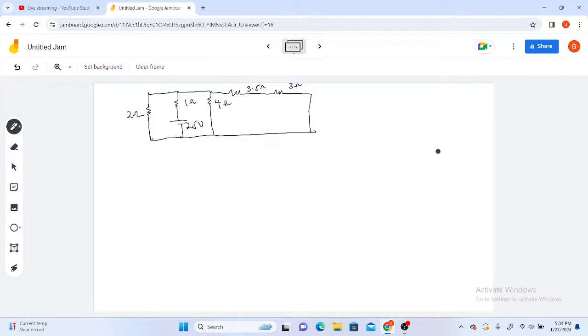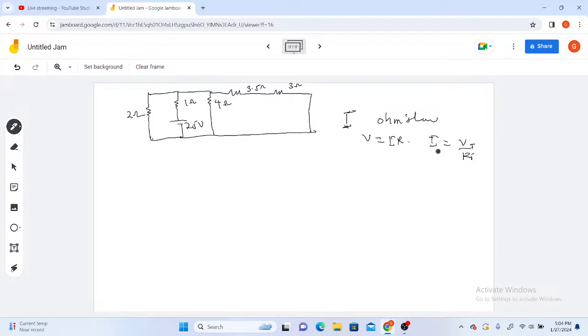Once you have the effective circuit, we move on to the agenda, and the agenda is to find current I in each of the resistors seen in this circuit. To find I, you always know that from Ohm's law, V is equal to IR. To find I, I need to get my total voltage VT over total resistance RT.